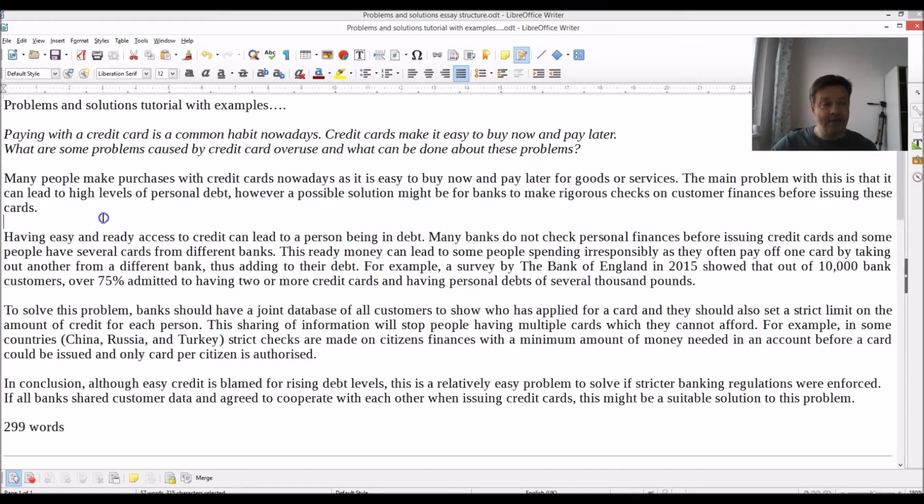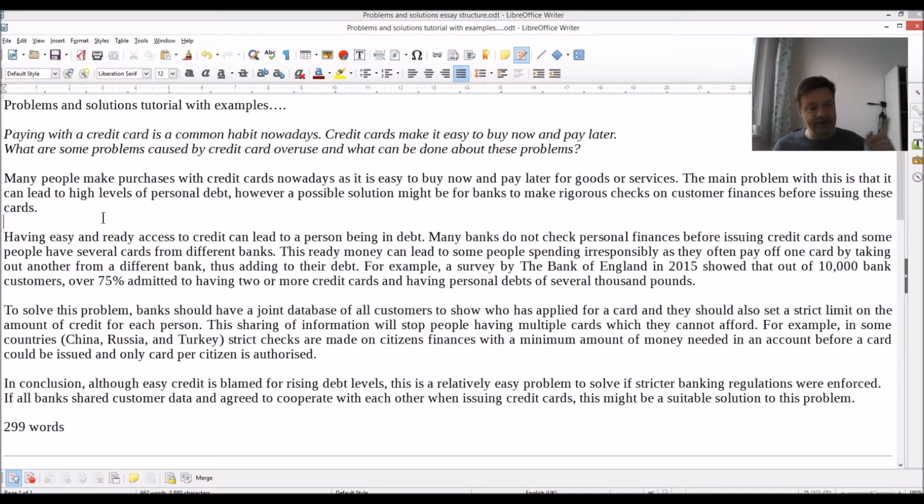So, the problem of credit card overuse is that it can lead to high levels of personal debt. People spending too much on the cards, which they cannot afford. The solution could be for banks to check on their customers before they give them cards. What a strange notion. Okay, but that's basically it.